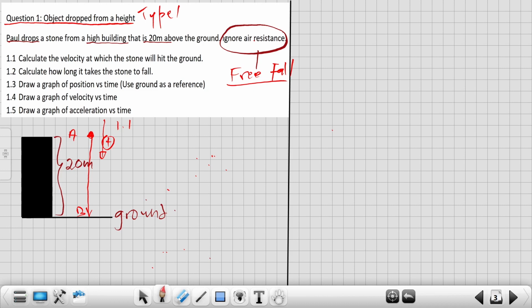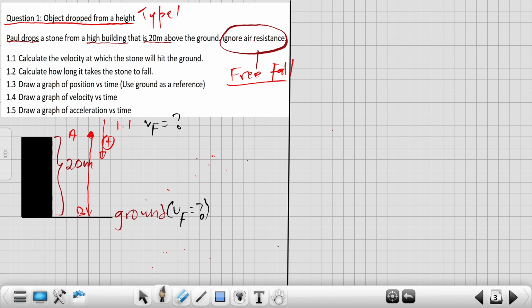So let's check. Calculate the velocity at which the stone will hit the ground. For the velocity to hit the ground, they are basically asking me what is V final at the ground. I now know that I need to calculate for V final.